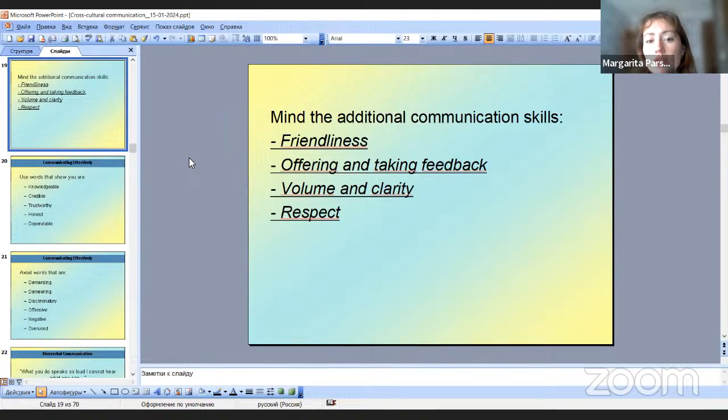Respect, of course. We can say that friendliness, the first additional communication skill on the slide, relates more to our daily life communication, and respect can also be in daily tasks and daily matters, and also in some serious matters, of course, like business communication or serious problems.